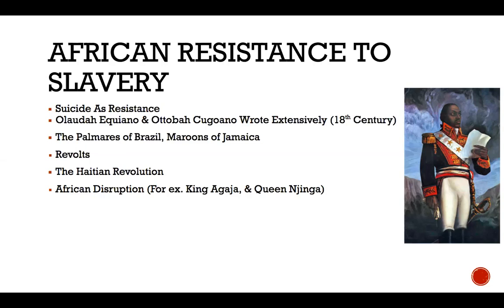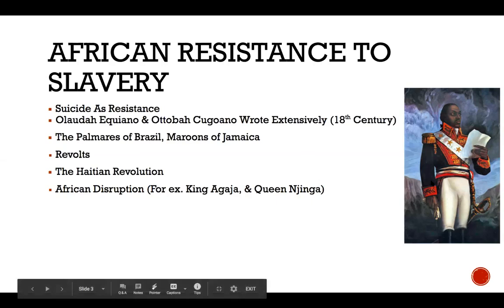And none of these is as famous or as influential as the Haitian Revolution, led by the gentleman depicted here, Toussaint Louverture.